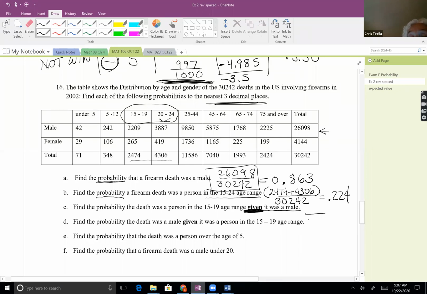So my denominator is 26098. Of those men, how many were between 15 and 29? 2209.